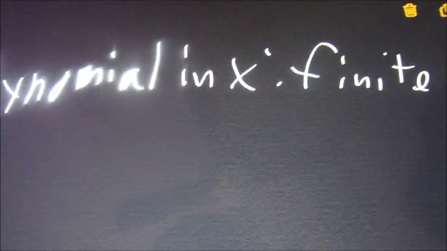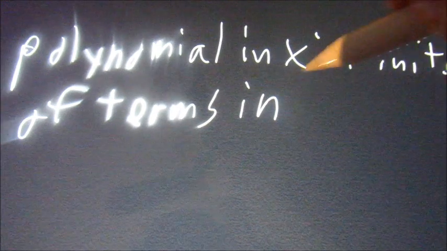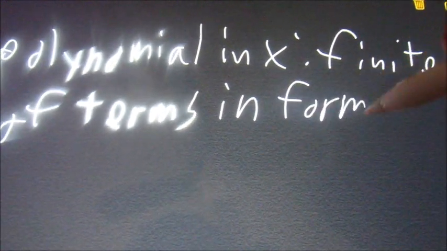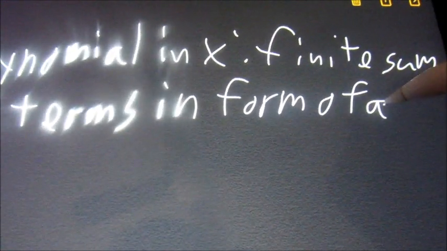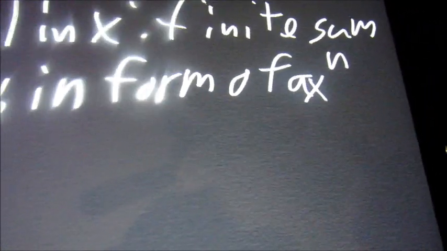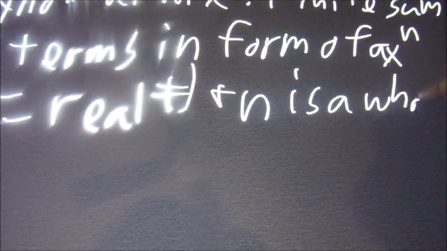So the real definition of this is a finite sum of terms in the form of ax to the n. A is a real number and n is a whole number.